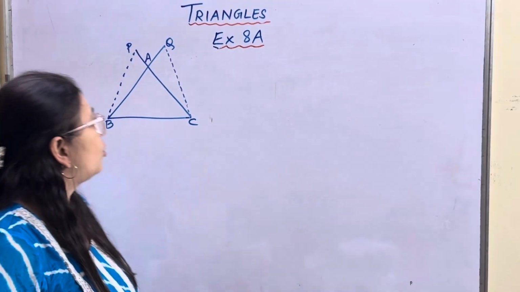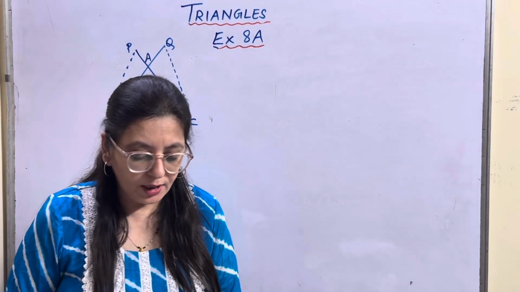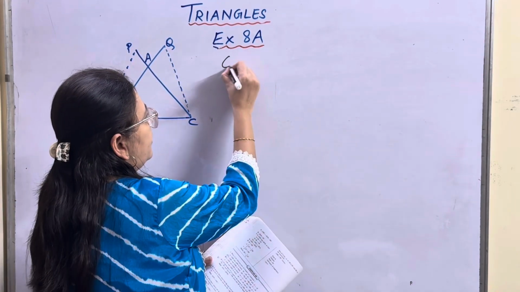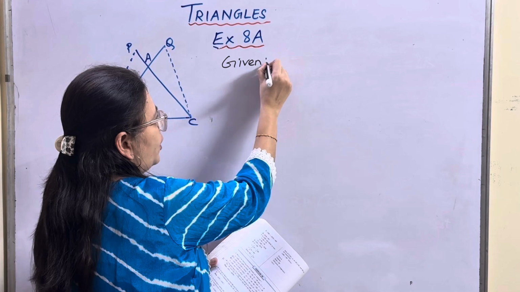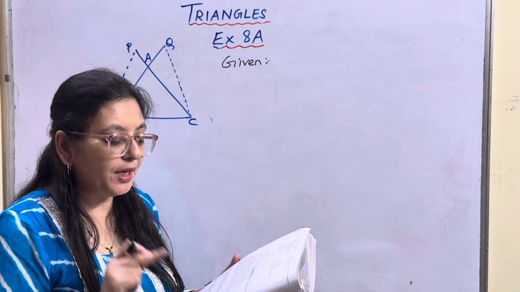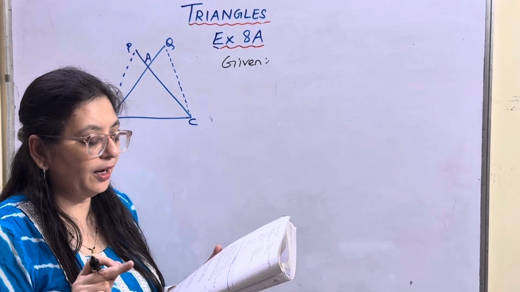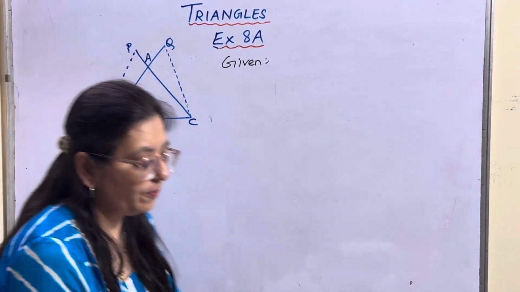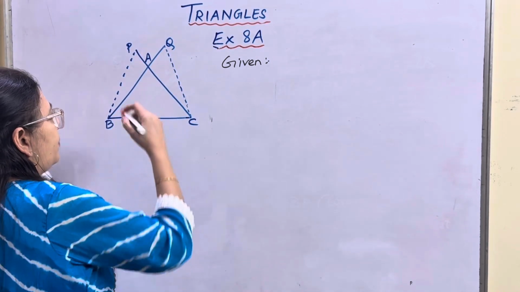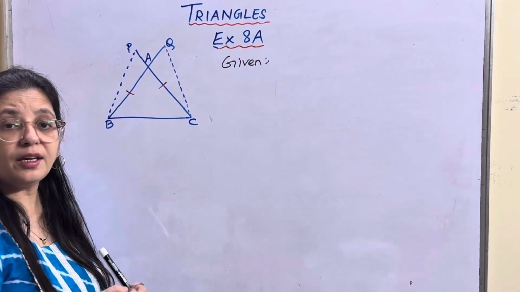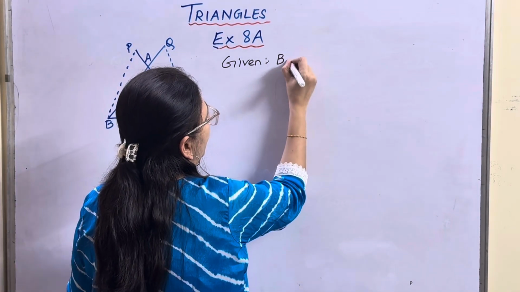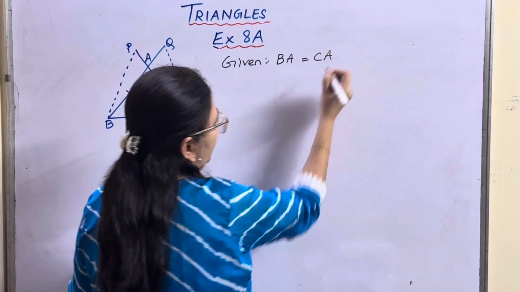Yes kids, let's do question number 3. In the given figure, equal sides BA and CA, let me mark it first so that we can understand. BA and CA, they are equal sides. So what is given? It is given that BA is equal to CA.